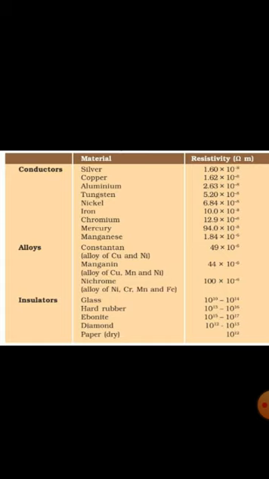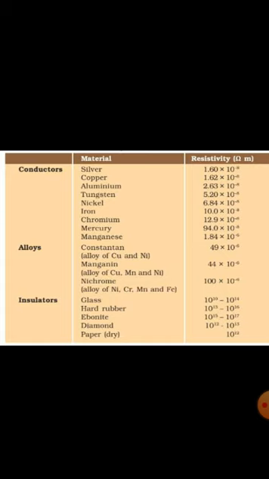Can one of you name any electrical heating device? Yes. Electric iron, electric oven, all these are electrical heating appliances. In all these devices, they use alloys as the heating element.